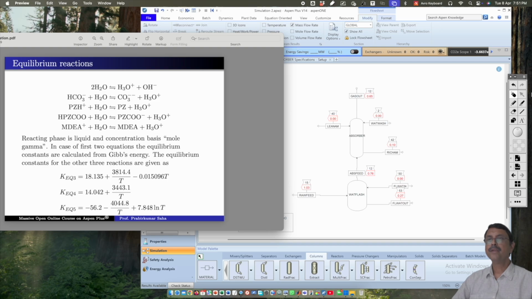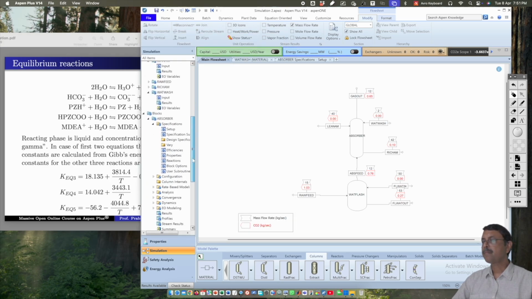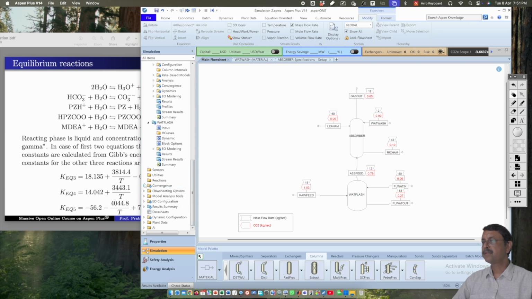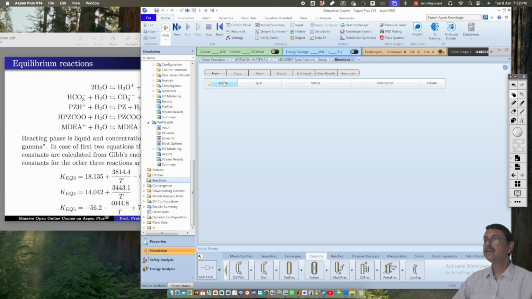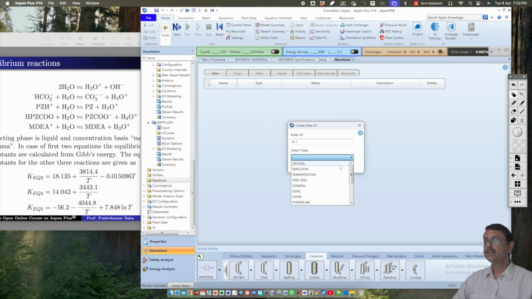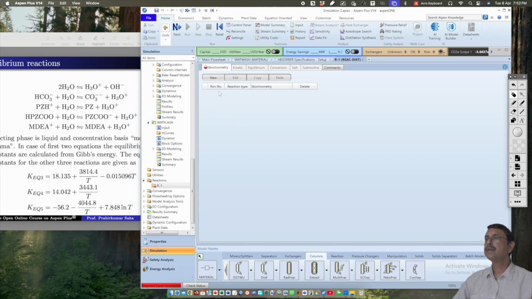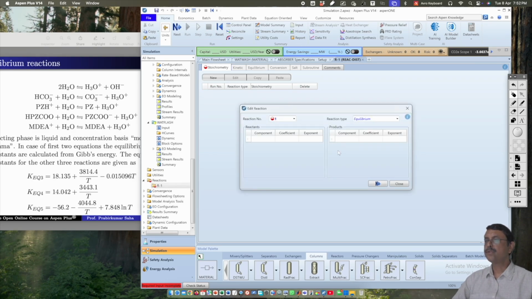So for that, let us go to reactions, set new. Choose this React dist. First, let us set the stoichiometry.